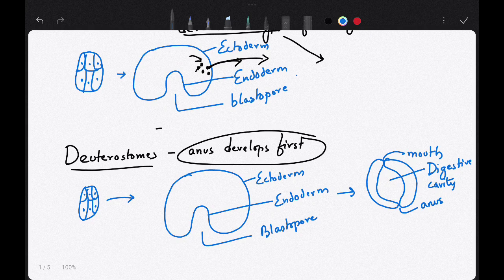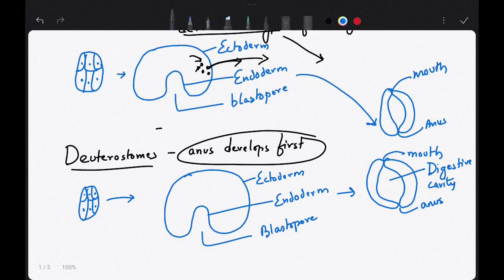Similarly here you will see the same thing. The mouth will develop first, the anus will develop later, and this is the digestive cavity.